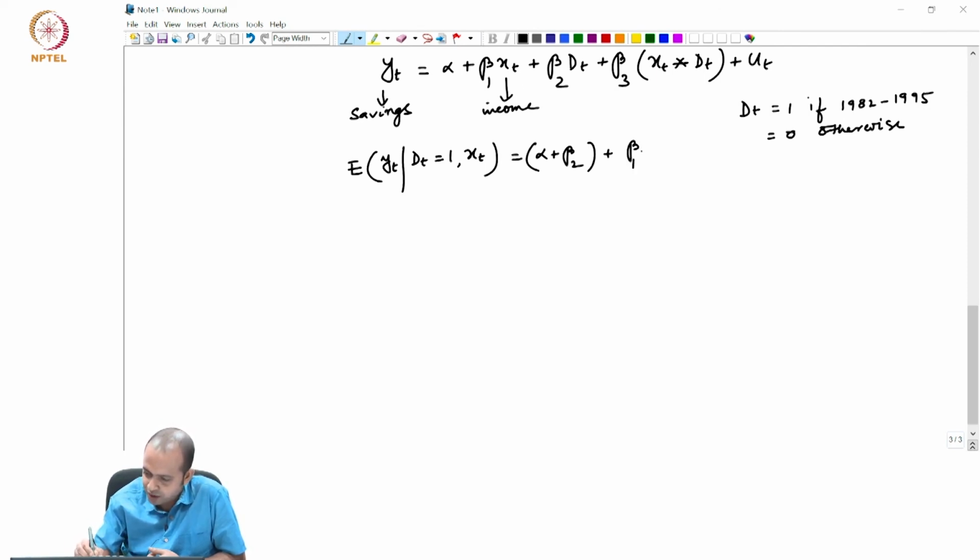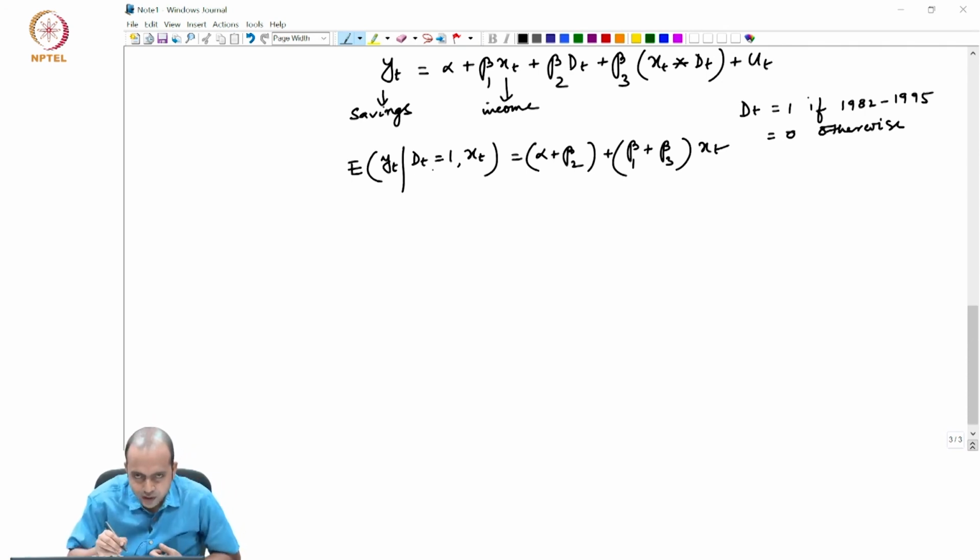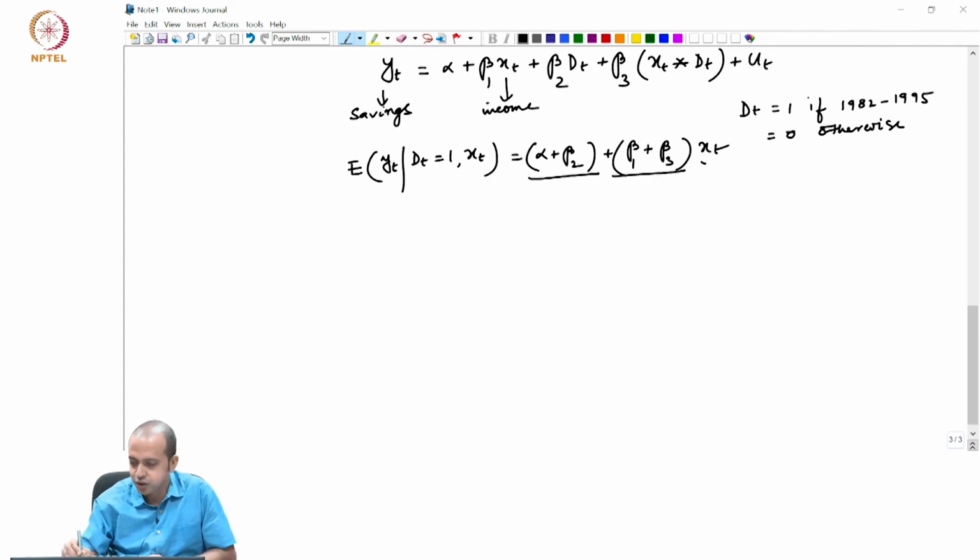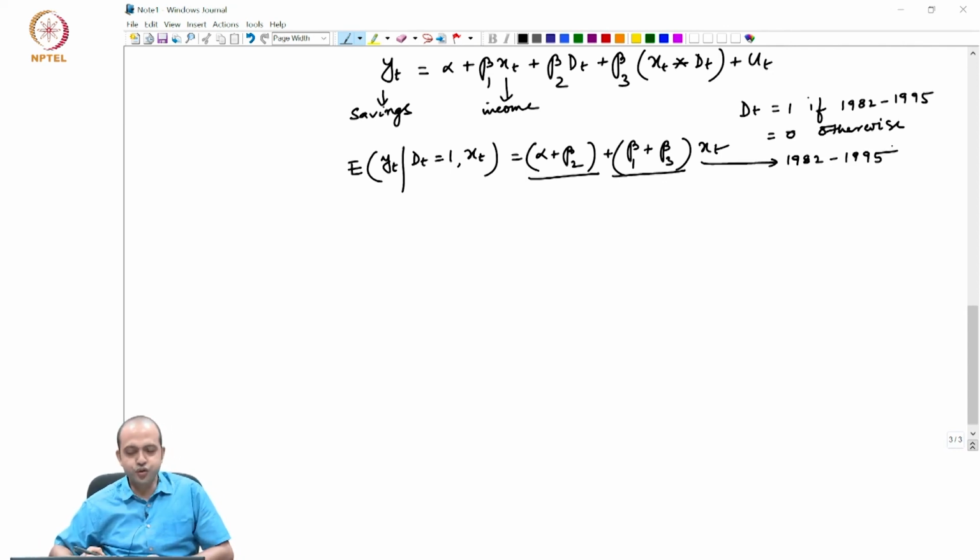So, I am adding the two coefficients and then writing xt. So, for the period 1982 to 1995, the post recession period, this is my saving income relationship, with this intercept and this slope.